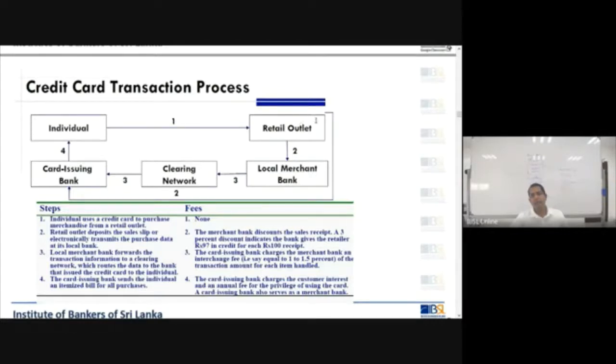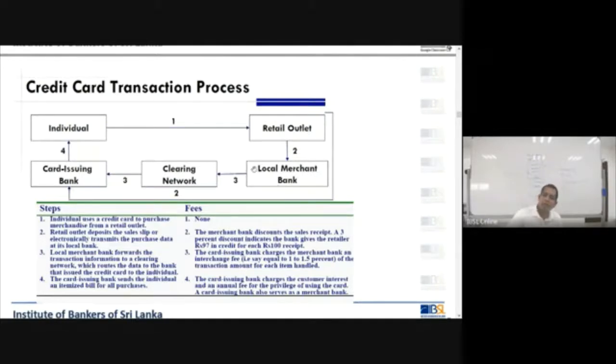If it is an NDB POS machine, it goes straight to the card issuing bank. From the card issuing bank, the retailer will get 9,700 rupees. The card issuing bank will charge 3%. If it is 3%, the entire 300 rupees is their fee.